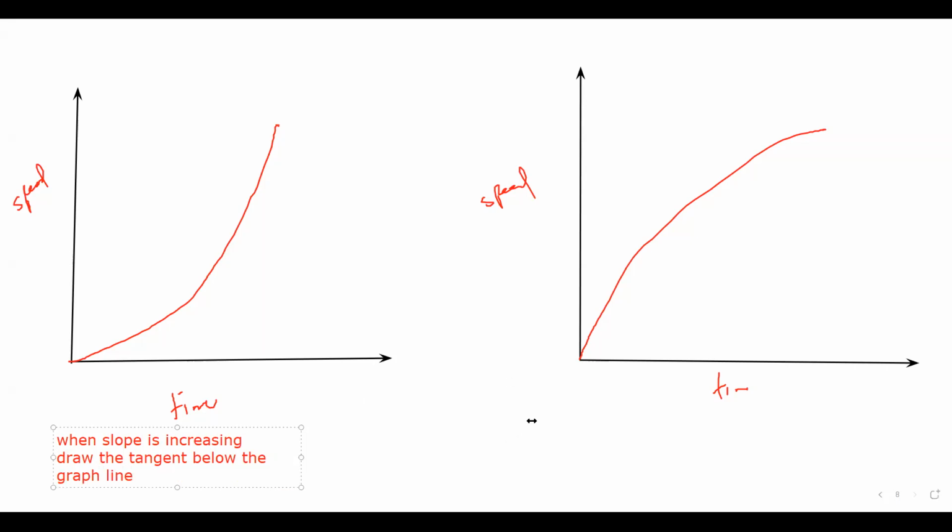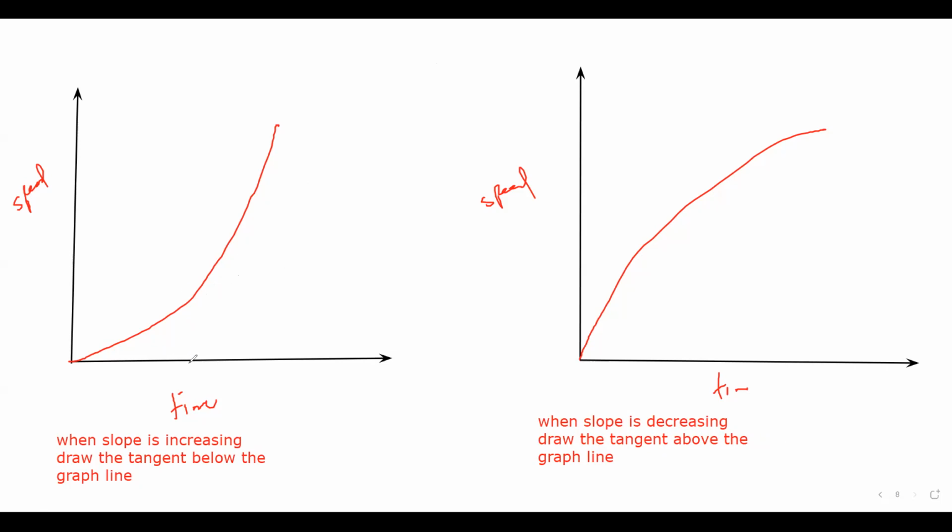And when the slope is decreasing, we will draw the tangent above the graph line. So when I draw the tangent at a specific point, it can be any point because the acceleration is continuously changing. They will specify at what point you want the acceleration.